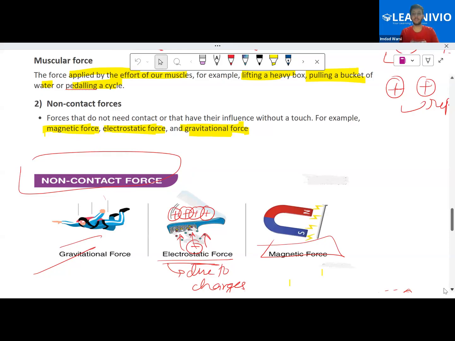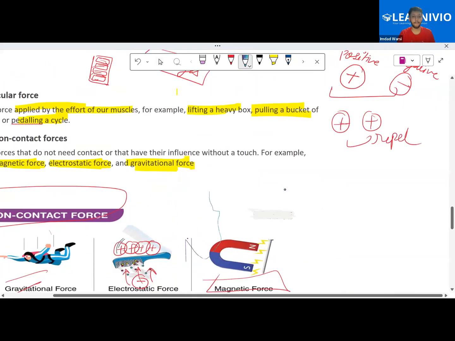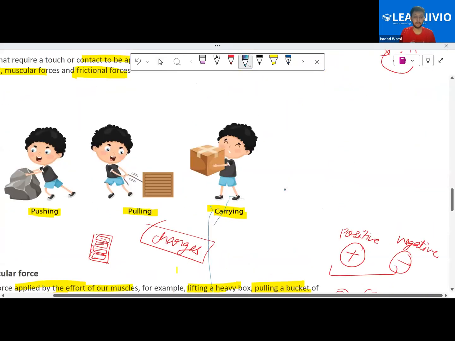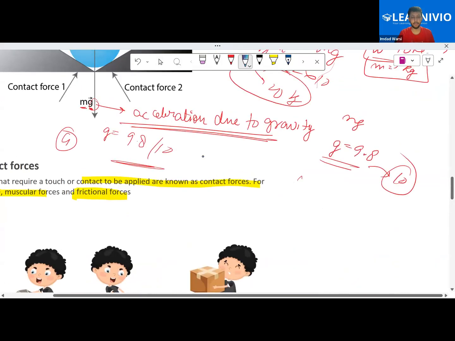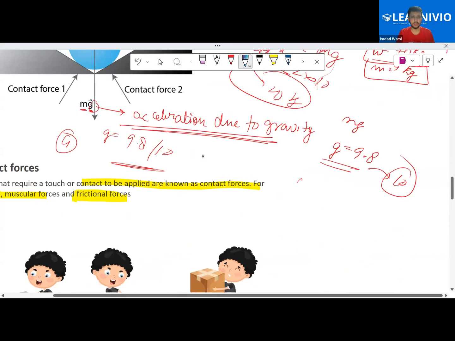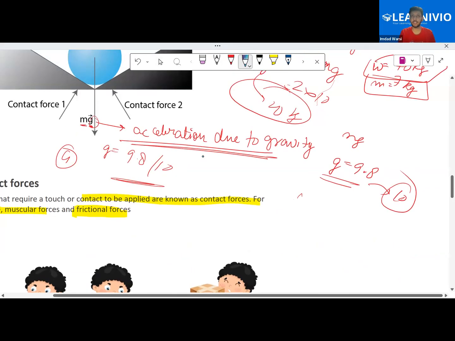So these are all examples of contact forces, right? I gave you examples: muscular force, friction force, push, pull, kick are all contact forces.